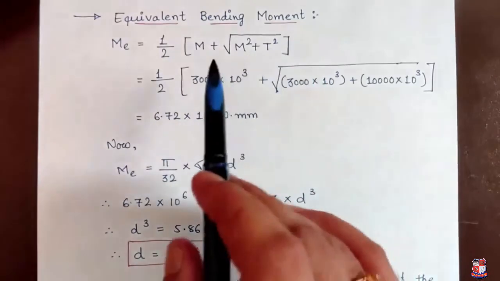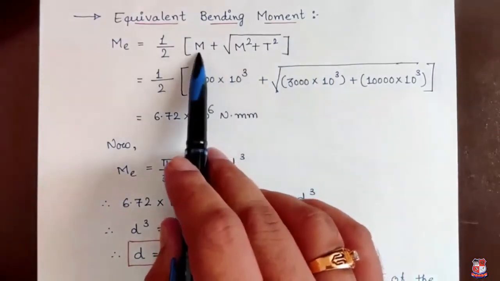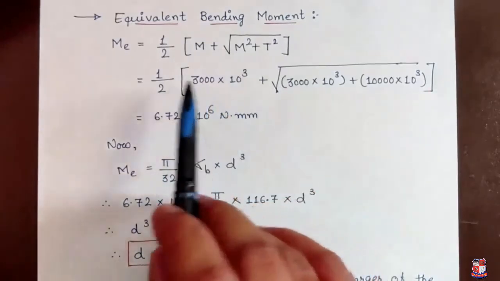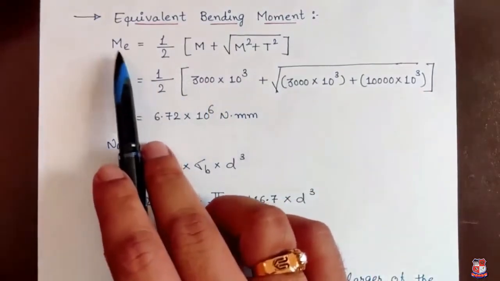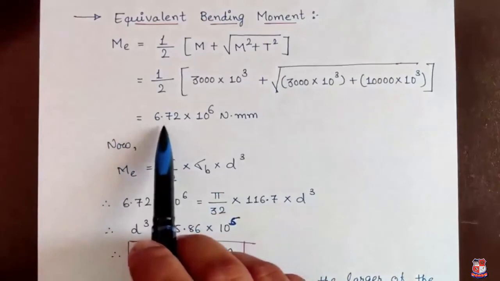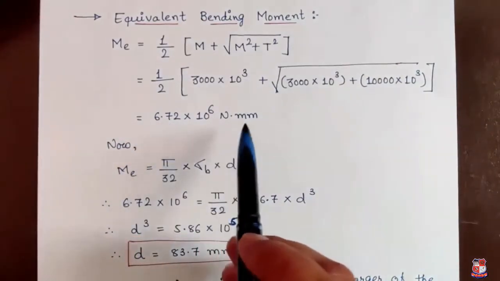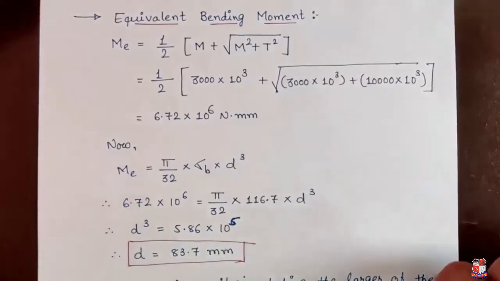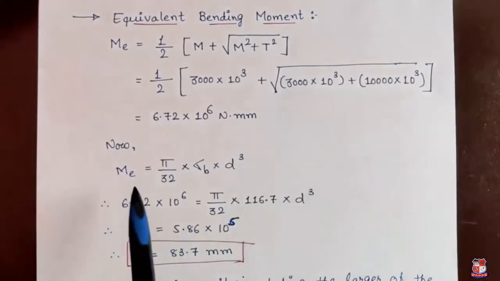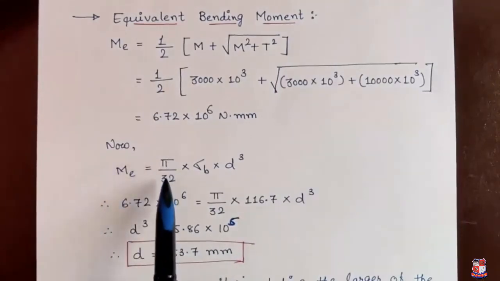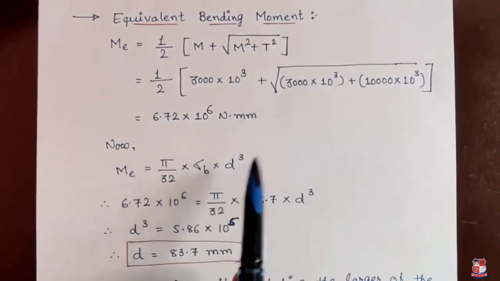Here we have the values of M and T. So by putting the values here, we will get the value of equivalent bending moment ME, that is 6.72 into 10 to the power 6 Newton mm. Now we have the equation of equivalent bending moment, that is ME is equal to pi by 32 into sigma b into d cube.